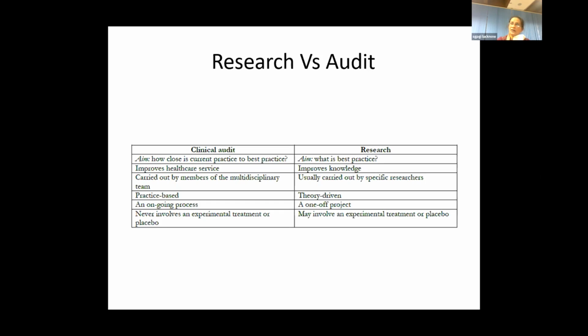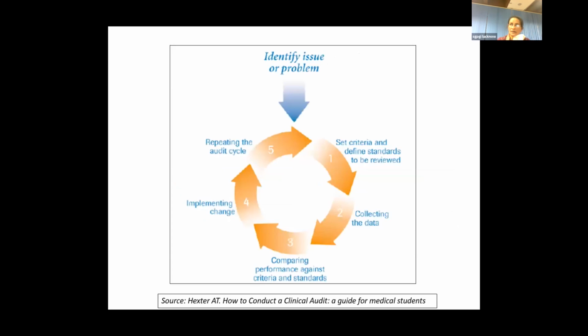On the other hand, as I said, audit is a cycle, because you try to identify the problem and then you try to rectify it. Then after some time you again assess whether improvement has taken place or not. So it's a continuous process, and the whole department needs to be involved, or for that matter, depending on what we are auditing, the whole management needs to be involved. Research, on the other hand, could be done by selected people.